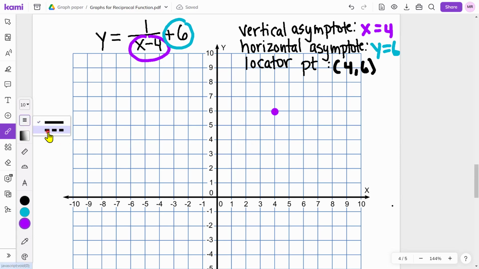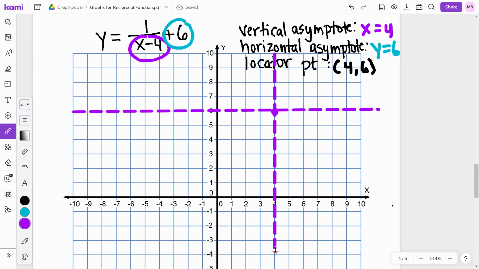I am going to be drawing asymptotes through that. So I'm going to have a horizontal one at y equals 6. I am going to have a vertical one at x equal 4. So this is going to be y equal 6.